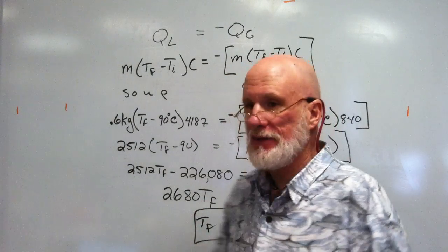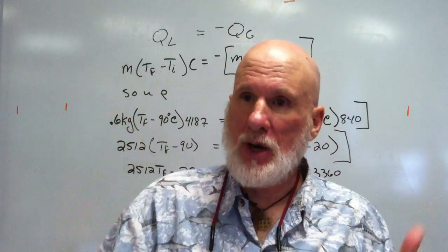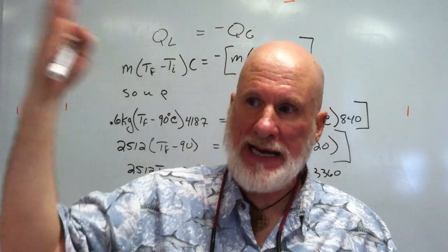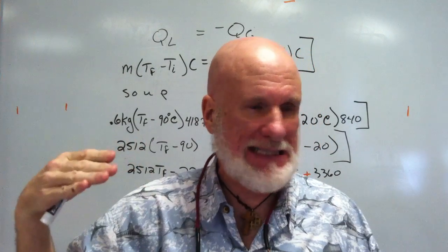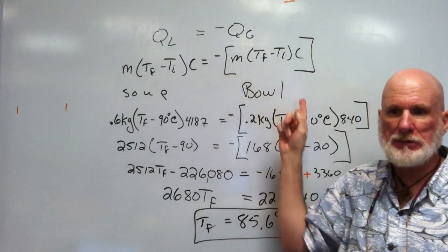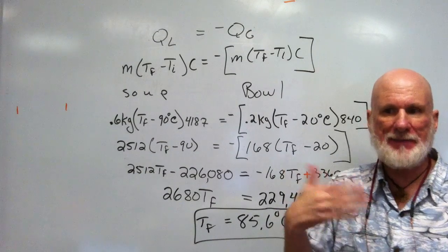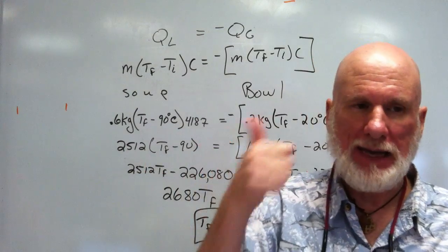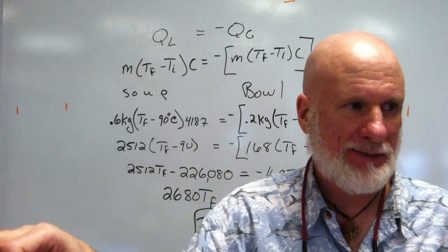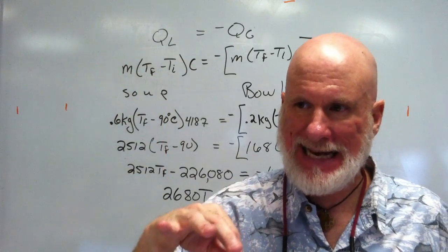Now, first of all, the answer has to make sense to you. Does it make sense? Yes. You're putting it in a cold bowl, so if the answer were greater than 90 degrees or less than 0 degrees, you know you did something wrong. If you didn't put this minus sign in, you'd probably wind up with an answer less than 0 degrees. So the answer has to be greater than 20 degrees and less than 90.